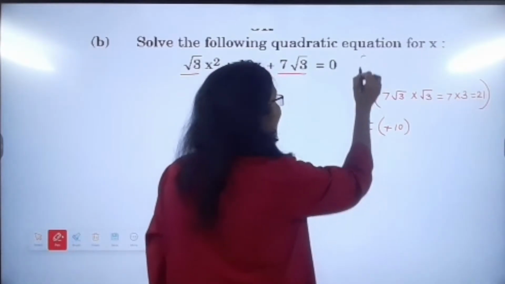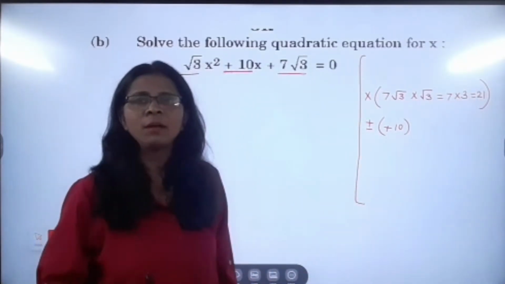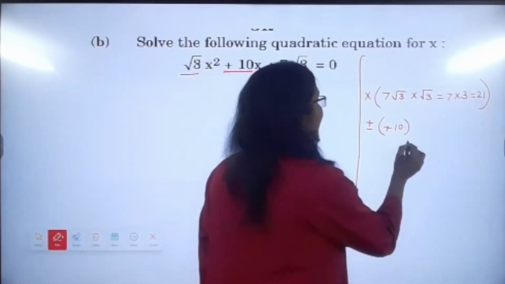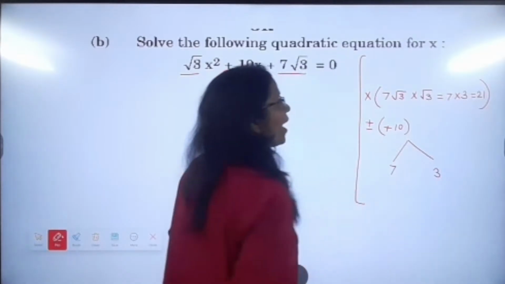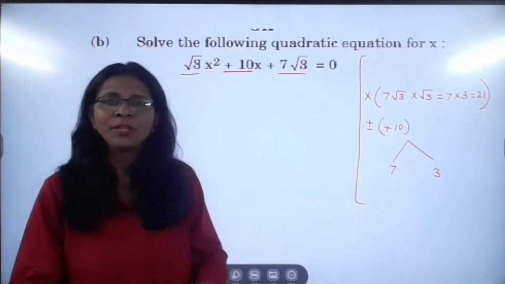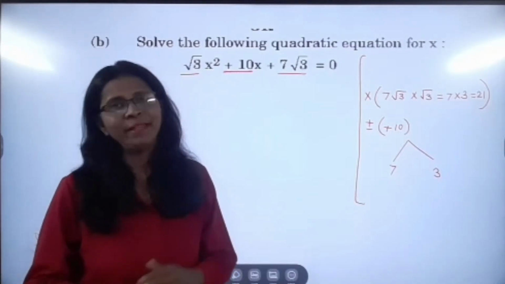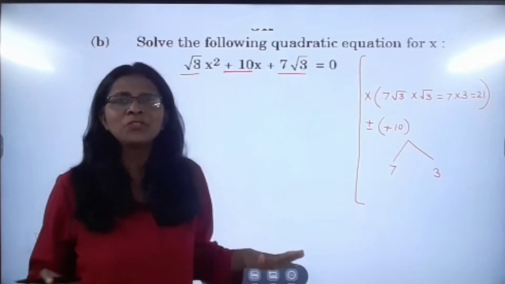So which are these numbers, students? These numbers will be 7 and 3. So 7 and 3 are the two numbers having the product 21 and the addition 10. Very easy. It is very easy, nothing difficult, students.